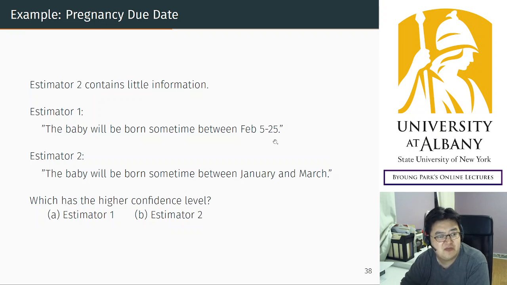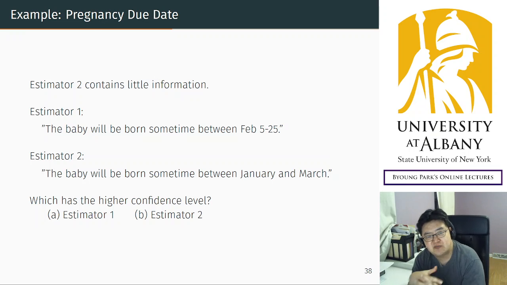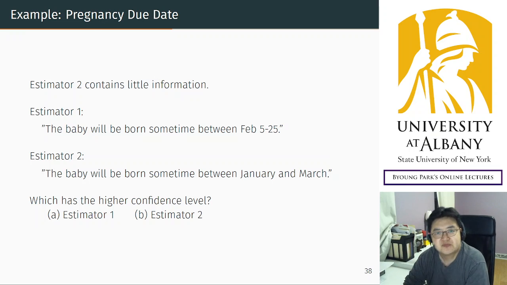But now think about this way. Which has the higher confidence level? So remember, the confidence level is the probability that your interval estimator is correct.